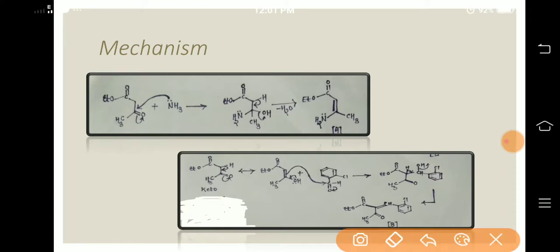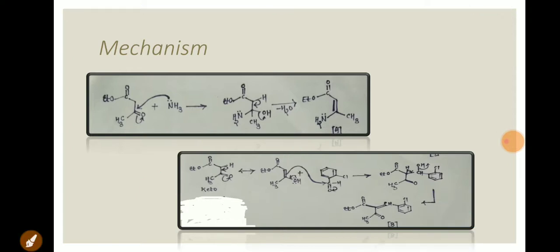In the second step, another mole of beta ketoester undergoes keto-enol tautomerism, and the pi bond attacks at the carbonyl carbon, leading to carbon-carbon bond formation along with the removal of a water molecule, forming this alpha beta unsaturated beta ketoester molecule, which is product B.